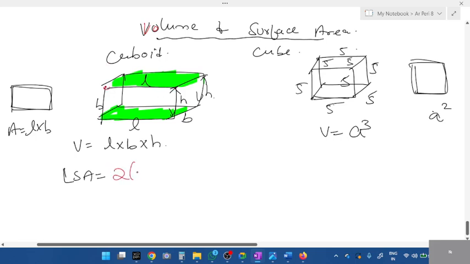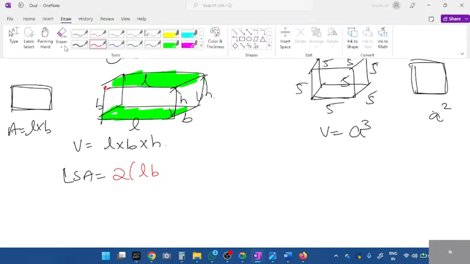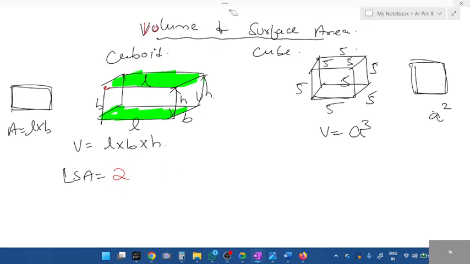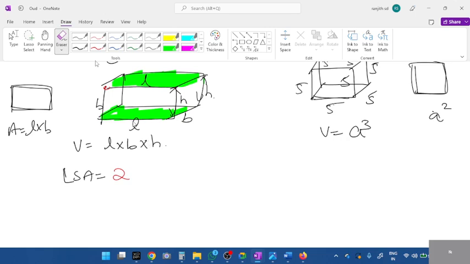The formula is 2 into L into B plus base into height plus H into L. No, sorry, let me correct the lateral surface area formula. Lateral is only the side, students.